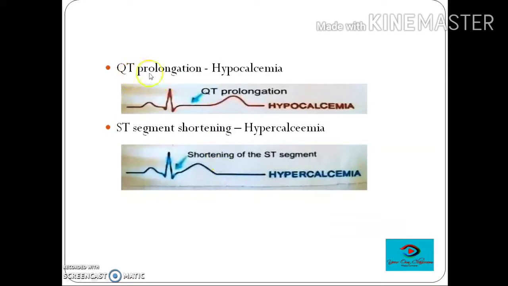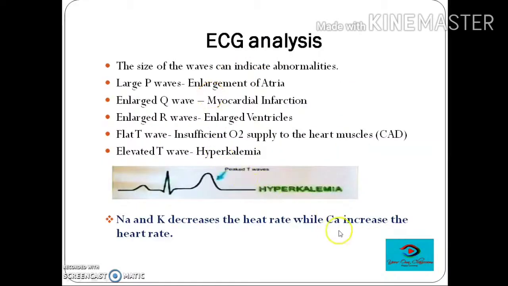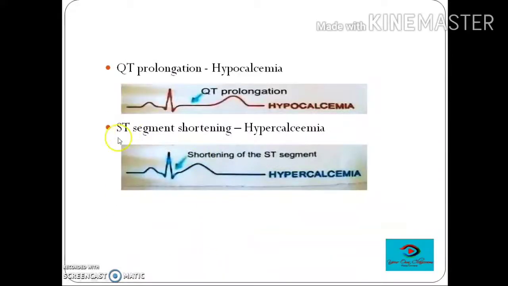Similarly, if the QT interval is prolonged, it indicates hypocalcemia. A hypocalcemic condition means calcium is low, and if calcium is low, then the heart rate would be low. And if the ST segment is shortened, it indicates hypercalcemia.